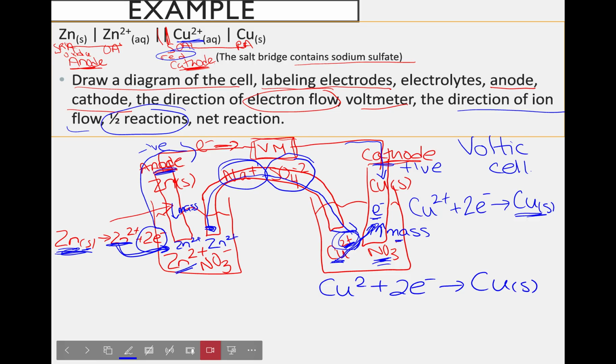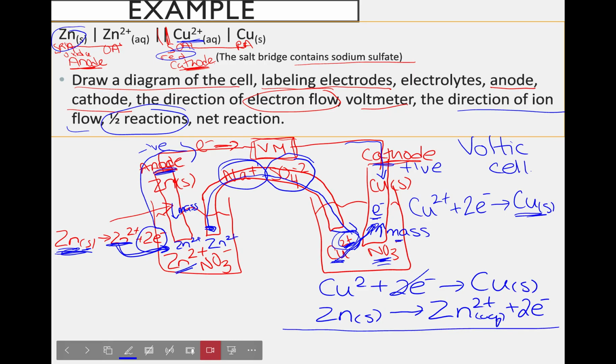And if we know that the zinc is your reducing agent and is being oxidized, we can flip the reaction that you would see in your data booklet to show zinc breaking up into its ion and into electrons. Then we don't need to multiply anything because your electrons are already balanced.